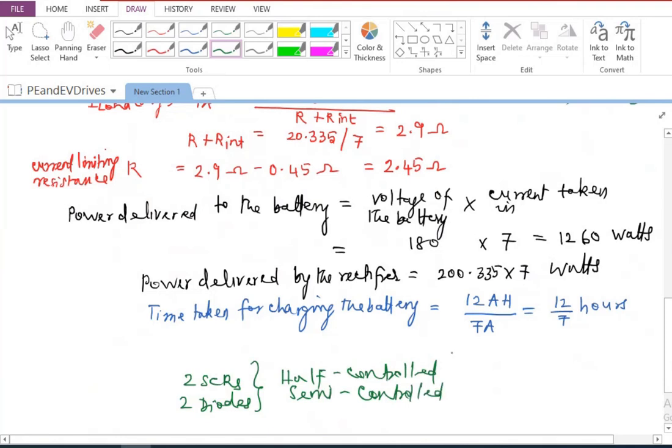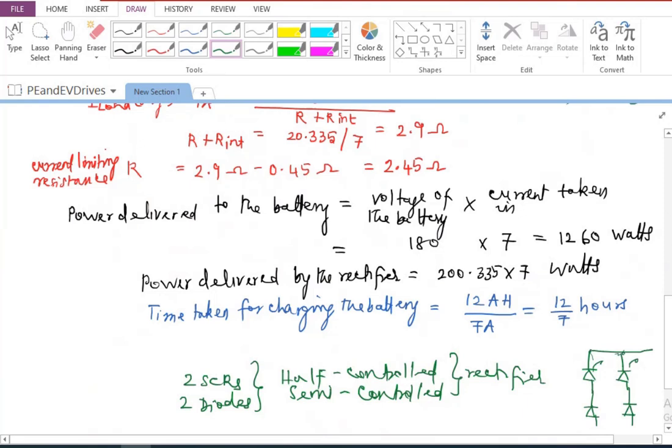If I have two diodes and two SCRs, it is as good as not controlling one half of the rectifier.